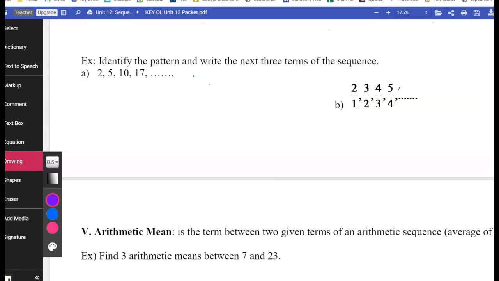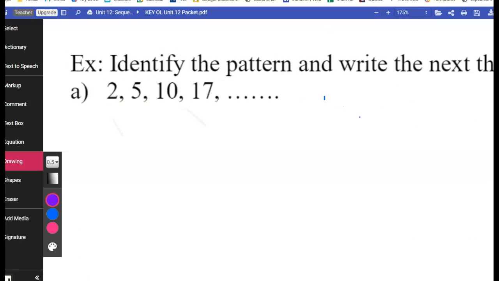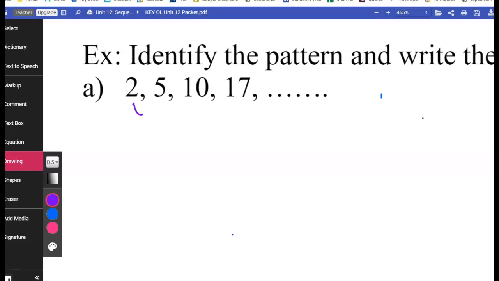But what do you see is happening? What if I found how much we're increasing by each time?